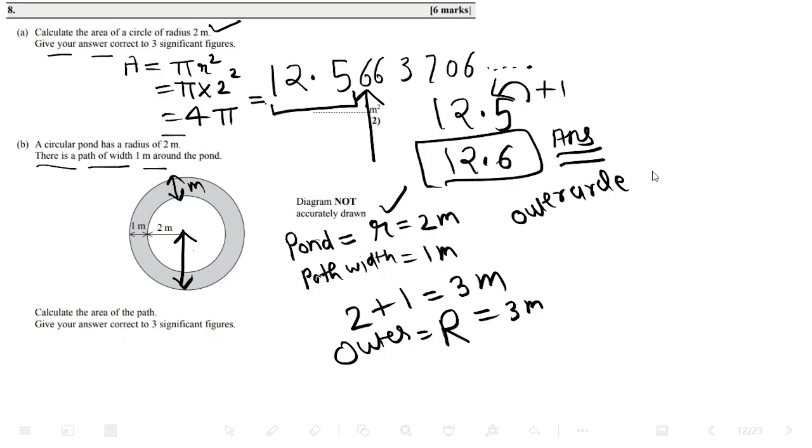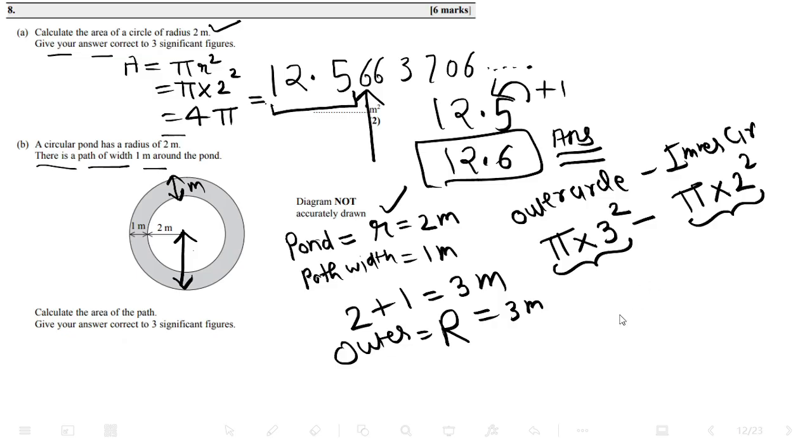The outer circle is pi R square, we are using the formula, right? The inner circle is pi r square, with r as 2. So it will be 9 pi minus 4 pi. The answer will be 5 pi.